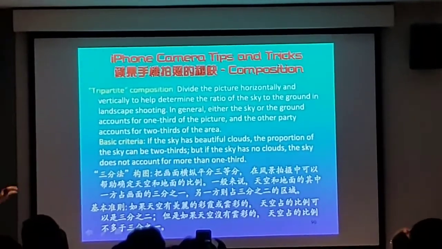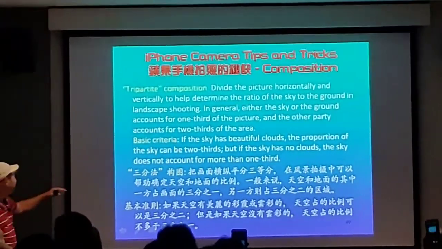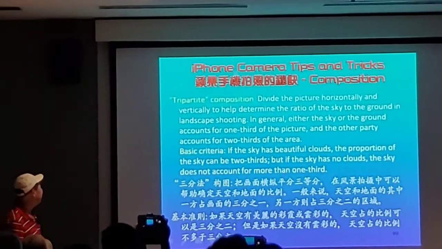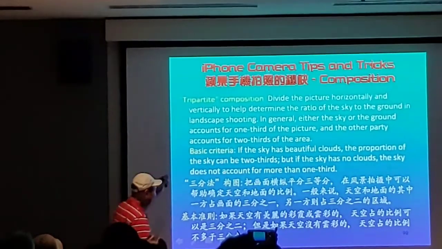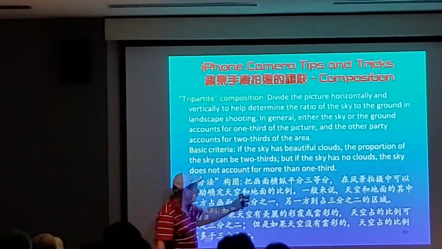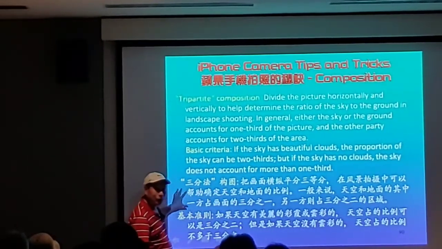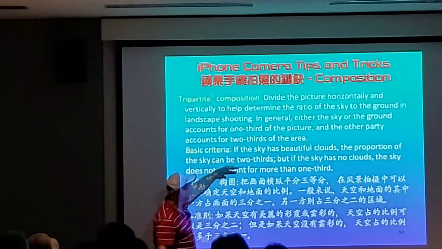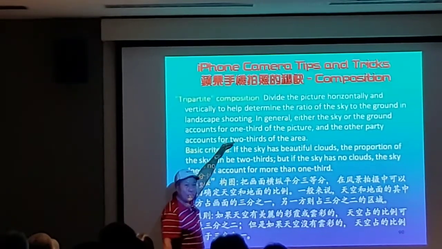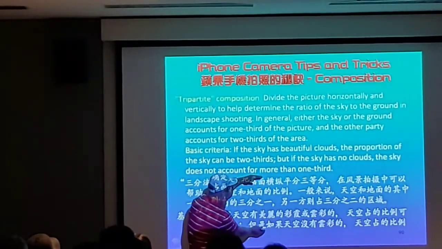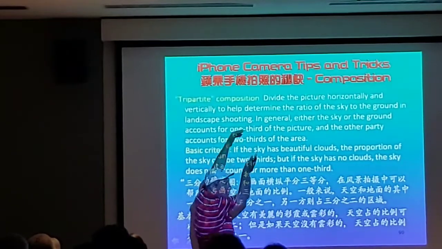And with those grid lines, you can also use the properties of composition, which means that you use that to define your picture in three levels. So you have the one third.